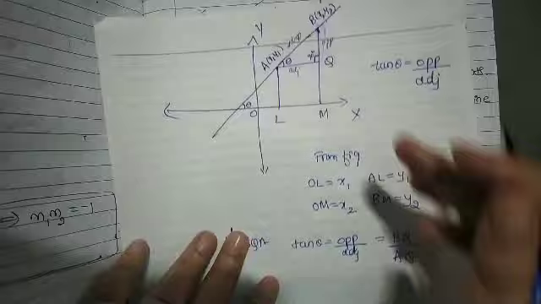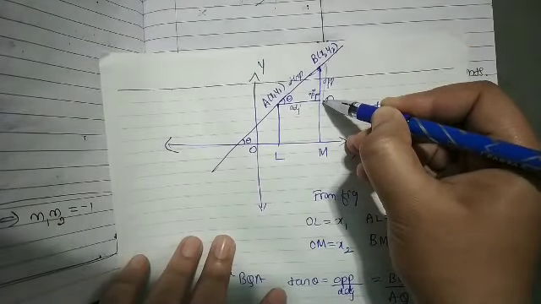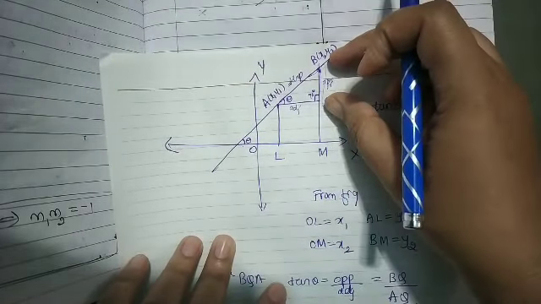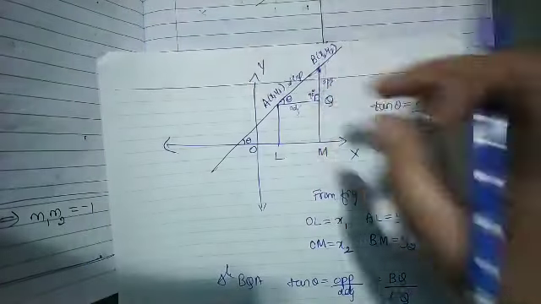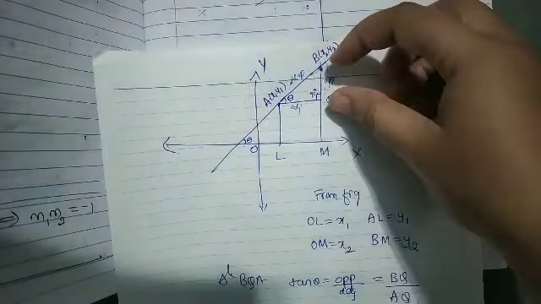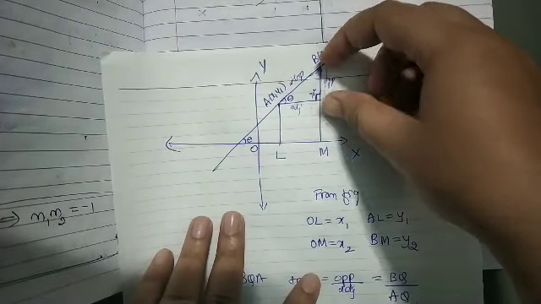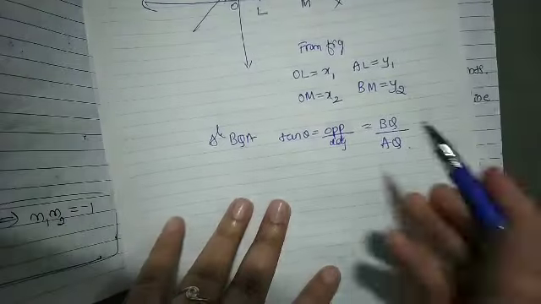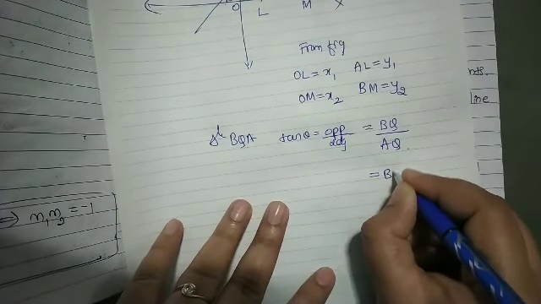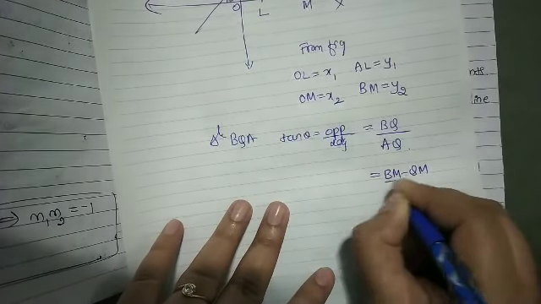Distance BQ can be written as BM minus QM.